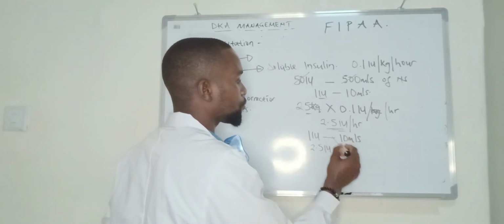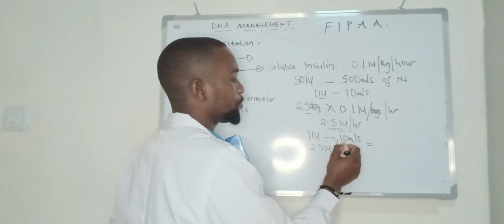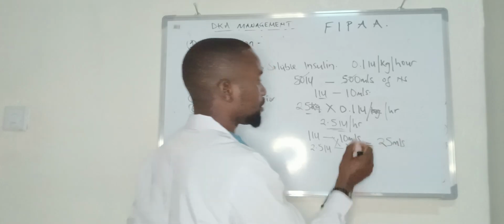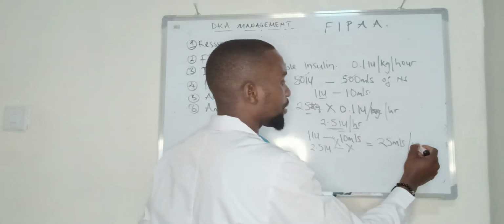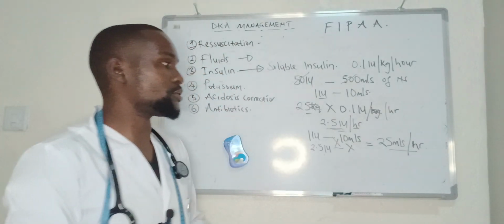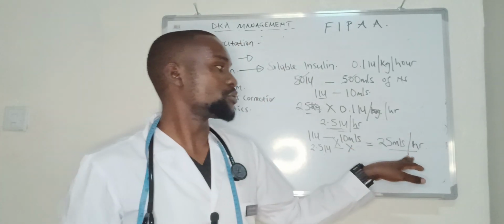Multiplied, it is going to be 25 mils per hour. So what you are going to set on your infusion pump is 25 mils per hour.